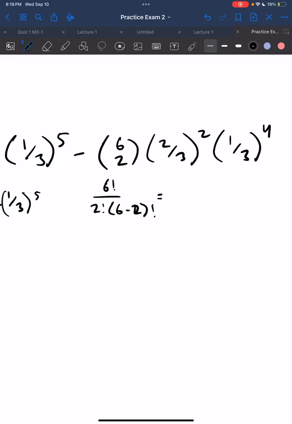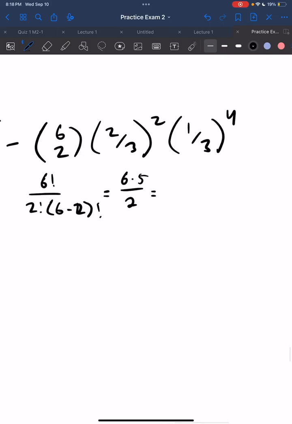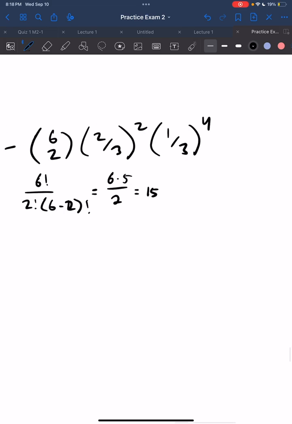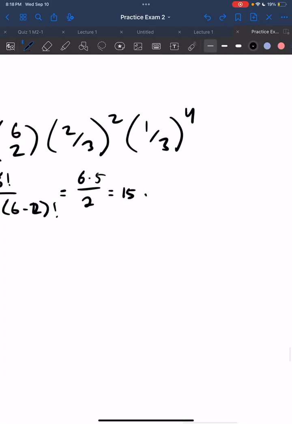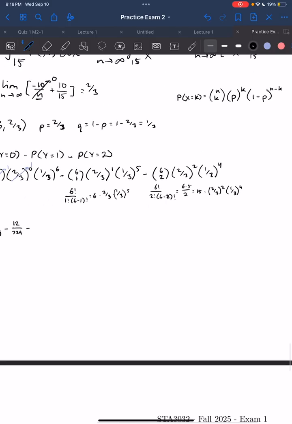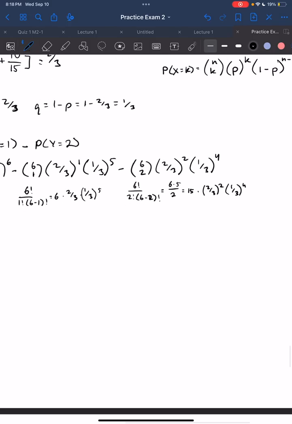So this would be 4 factorial over here, so it'd be 6 times 5 divided by 2, which is equal to 15. And then times 2/3 squared times 1/3 to the power of 4.